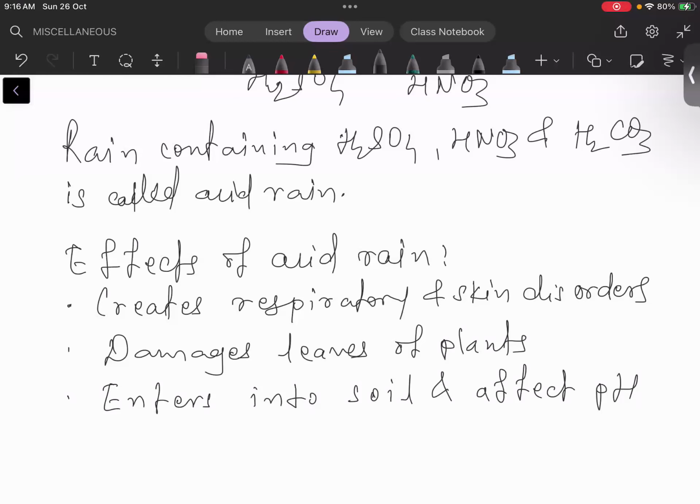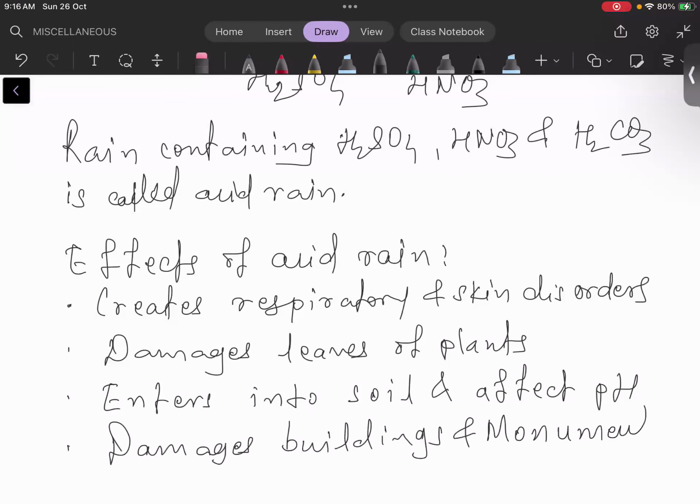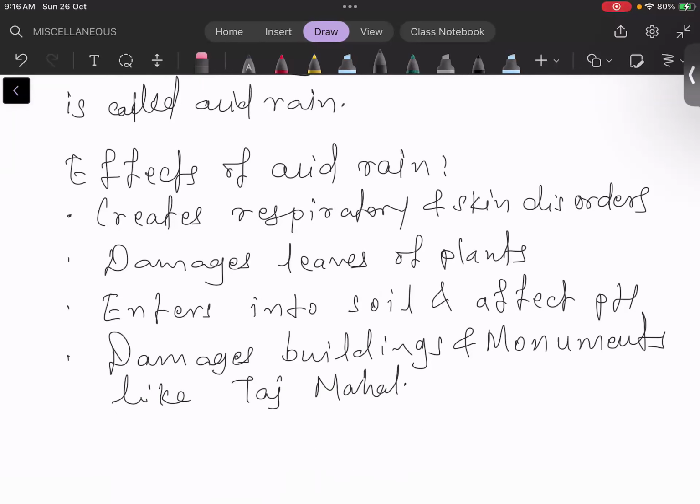Then acid rain damages buildings and monuments like the Taj Mahal, right?